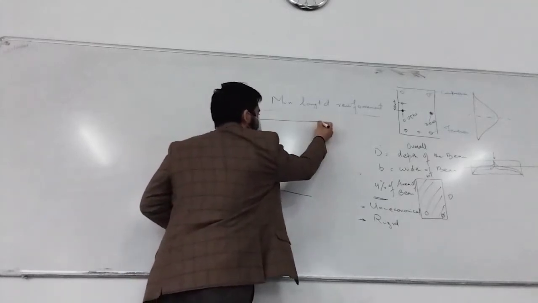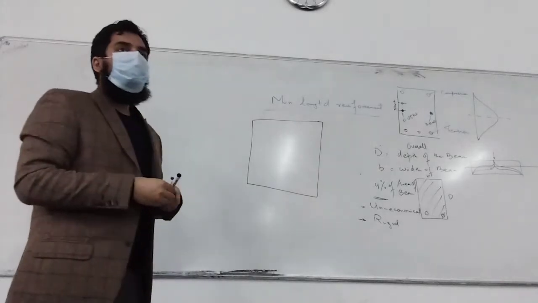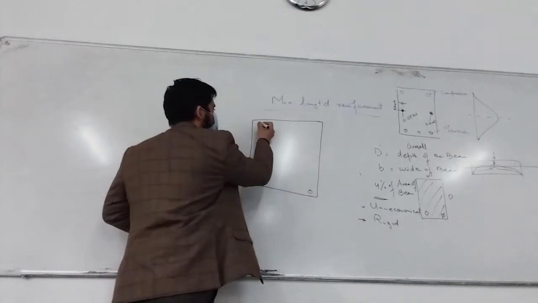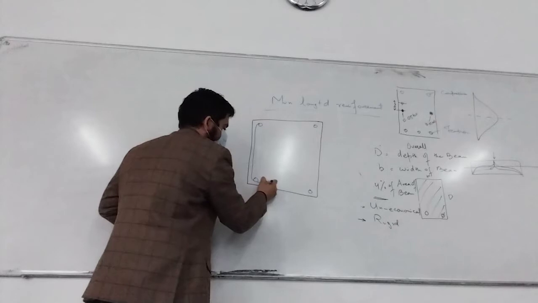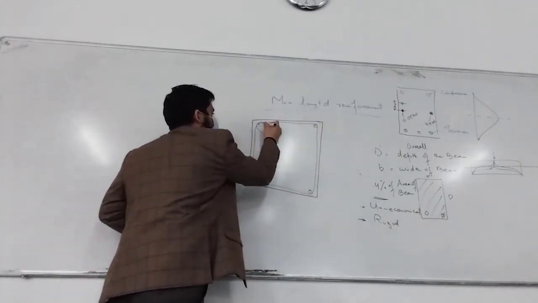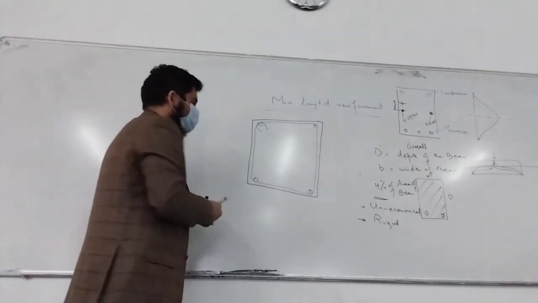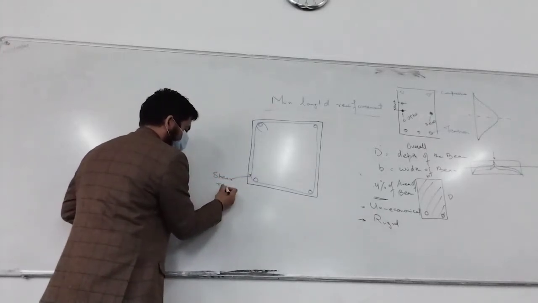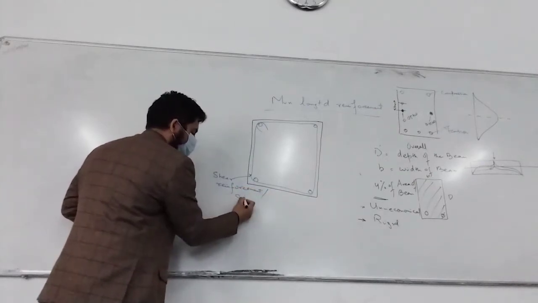We provide it as stirrups. These stirrups are the rings in a beam. This stirrup is the shear reinforcement.